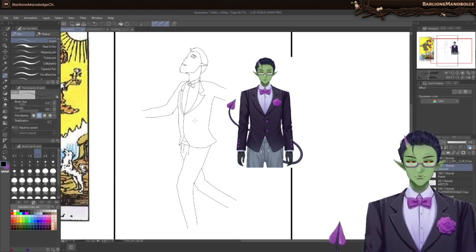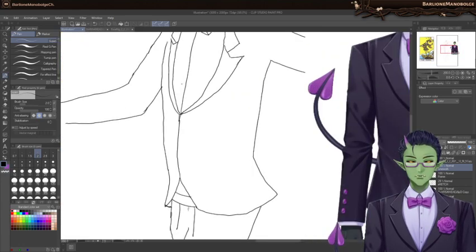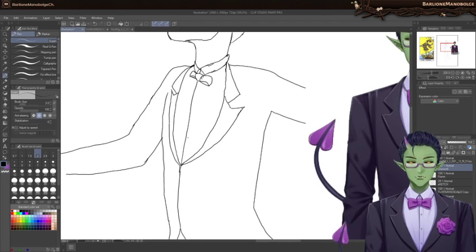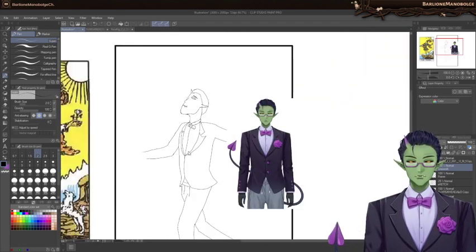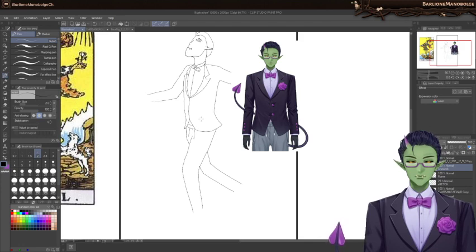I feel as though I've done enough to the point where it's difficult for me to know where to go next. See, the problem is I tend to put in most of my detail when I am coloring.